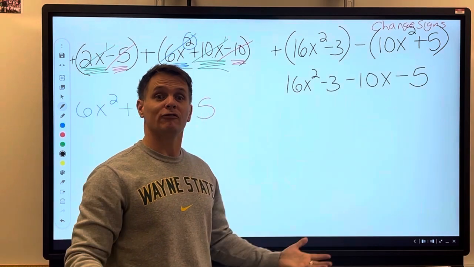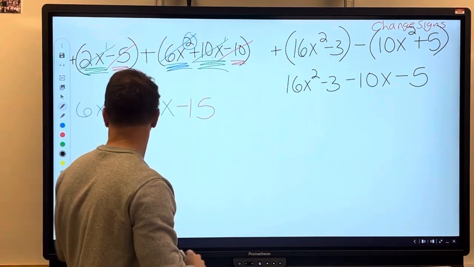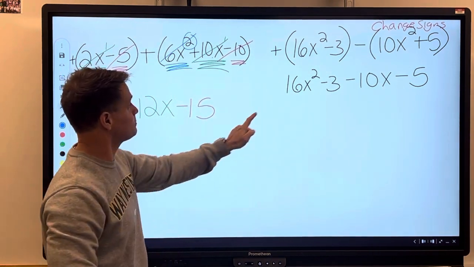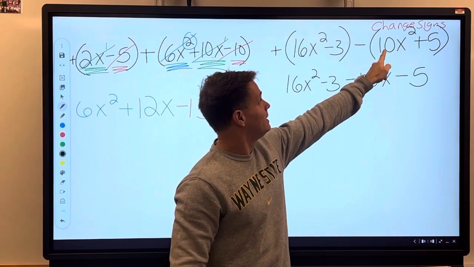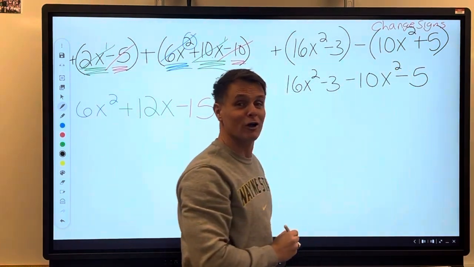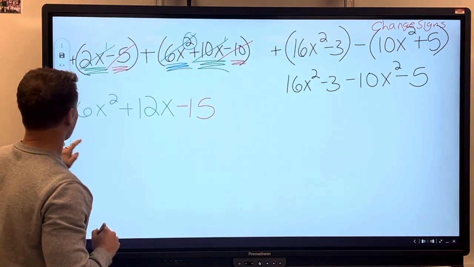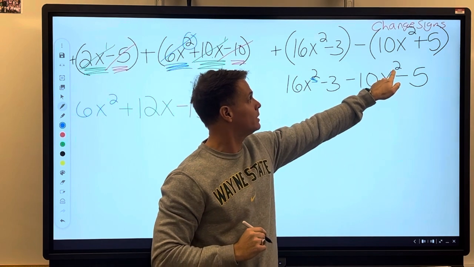Now let's look for like terms. First thing I'm going to do is I'm going to check for the highest exponents. The highest exponent, that's negative 10x squared. Should be a square there. So the highest exponent over here is a 2. Got a 2 right there and a 2 right there.